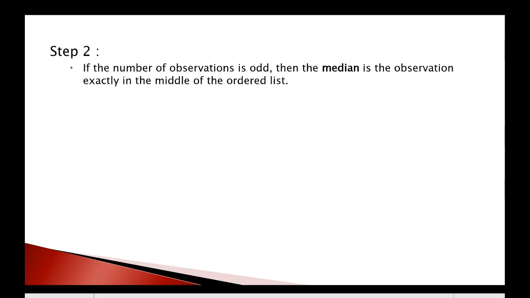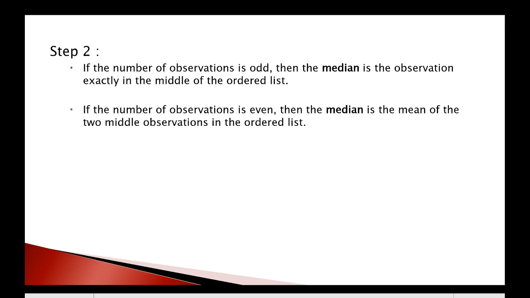Second step is, if the number of observations is odd, then the median is the observation exactly in the middle of the ordered list. If the number of observations is even, then the median is the mean of the two middle observations in the ordered list. Because when you have an odd number of observations, you can properly find a value in the middle.